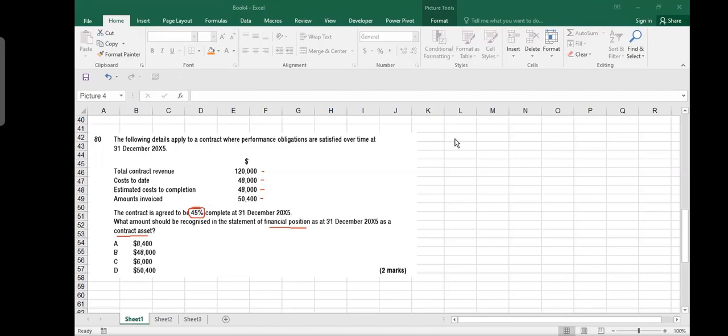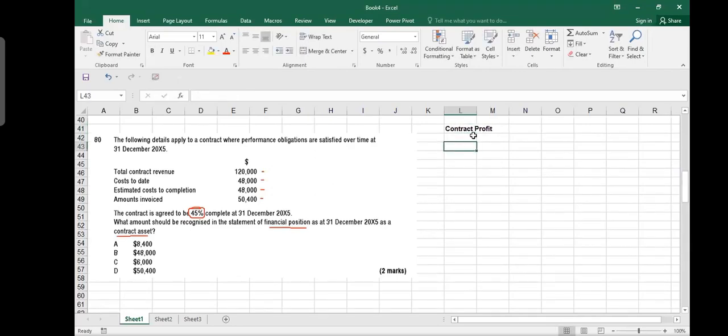So first, again, we find out our contract profit just like we did before in question number 78. So you should say that contract profit you will calculate from your contract revenue, which is 120,000, and then you have costs incurred, which are 48,000, and then costs expected, the future costs, will be 48,000, and this naturally will give you your contract profit.